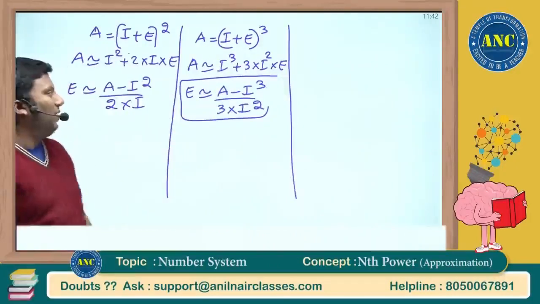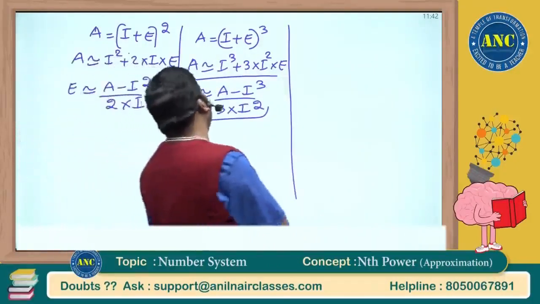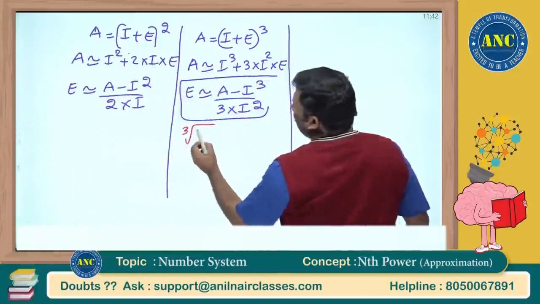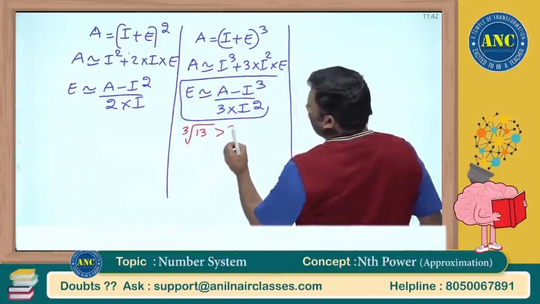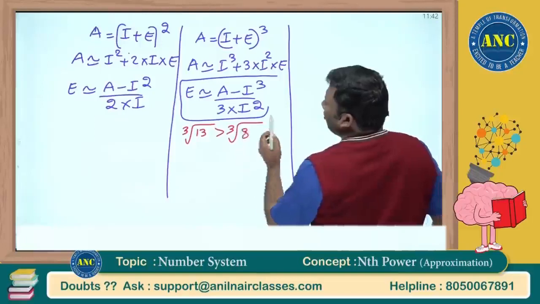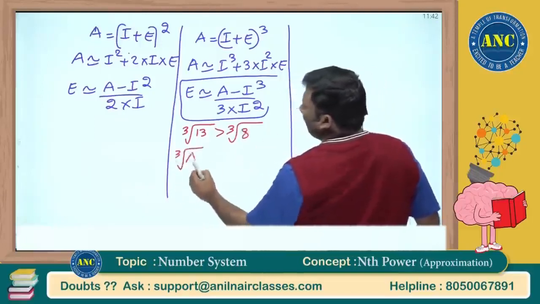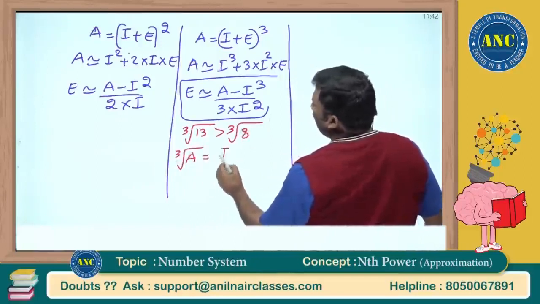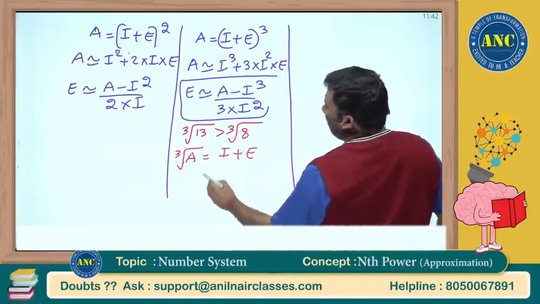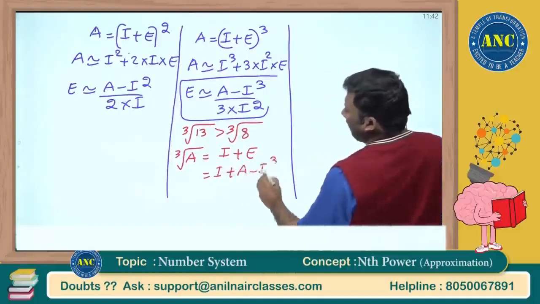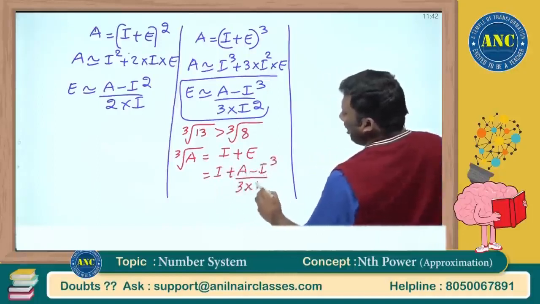Now, how to find the cube root of 13? Cube root of 13 is greater than cube root of 8. So I want the cube root of A, it is nothing but I plus E. E is nothing but A minus I cube divided by 3 into I square.